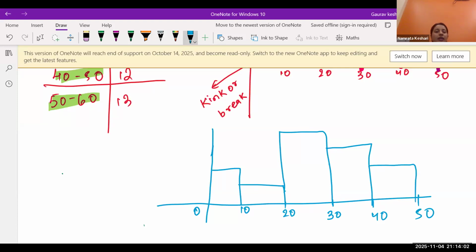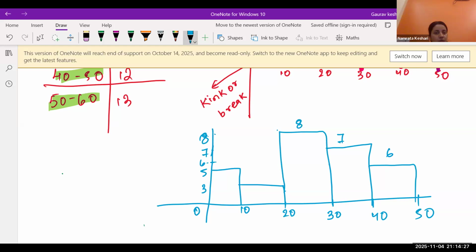And the frequencies are in this manner. Suppose this is 3, this is 5, here you are having 8, here you are having 7, and here you are having, let's say, 6. So this is how the frequencies are there. This is 8, this is 7, this is 6.